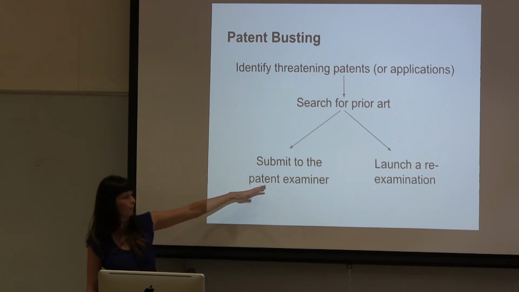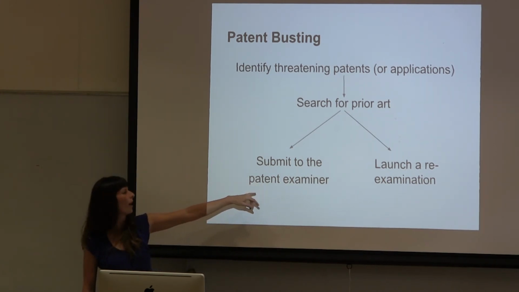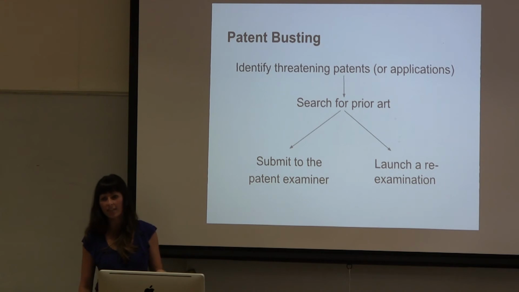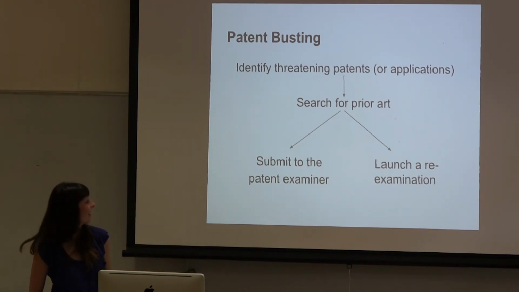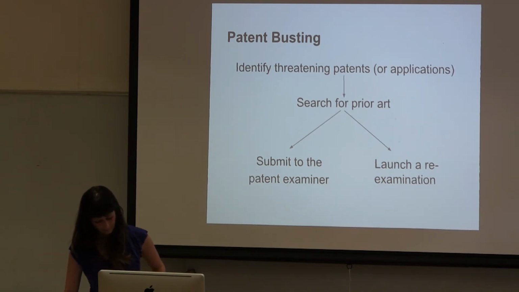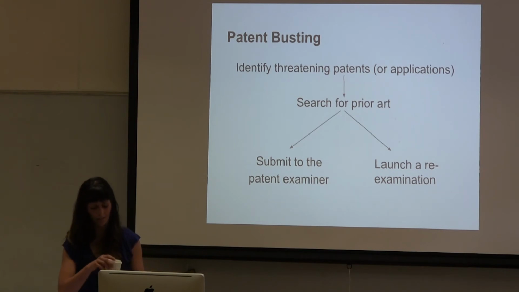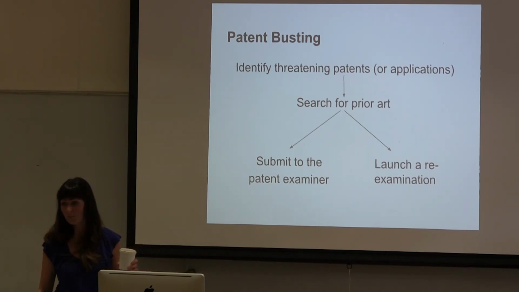But if we're going the prior art route, we would rather get it at the application stage so that we can freely do this and get it before it's wreaked havoc, basically. But the longer we wait, like we went over, the more expensive it becomes, and the more expensive and more dangerous it becomes for us.